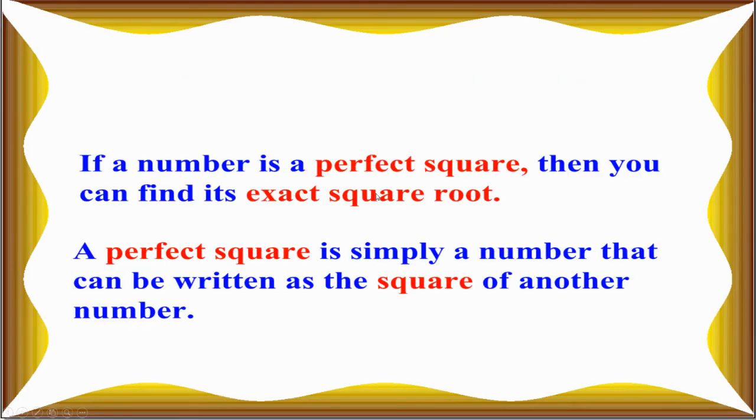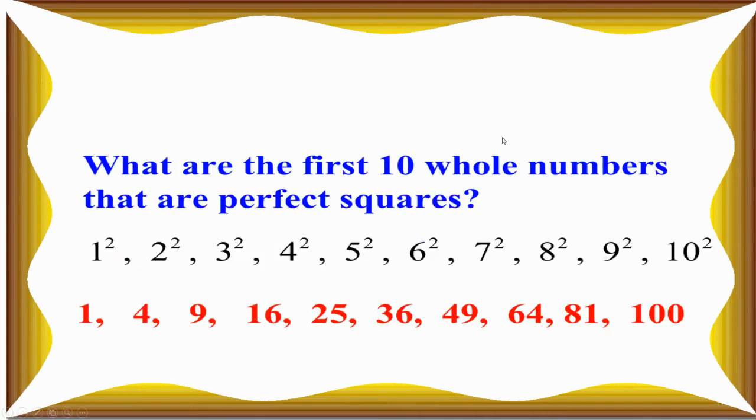If a number is a perfect square, then you can find its exact square root. A perfect square is simply a number that can be written as the square of another number. These are the examples from 1 to 10. These are the perfect square numbers: 1, 4, 9, 16, 25, 36, 49, 64, 81, and 100.